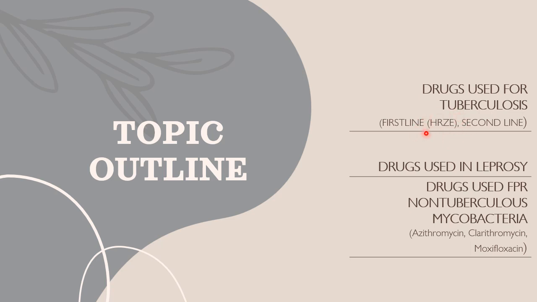Please also remember the other names, specifically the letter abbreviations, of our first line agents, at least the first line agents. We will also discuss the drugs used in leprosy, and lastly, the drugs used for non-tuberculous mycobacteria, our Mycobacterium avium complex. Actually, this is quite quick and quite easy, so bear with me, we're almost done.